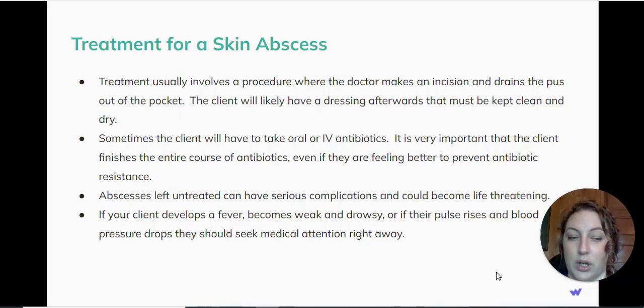It is very important that the client finishes the entire course of antibiotics, even if they are feeling better, to prevent antibiotic resistance. Abscesses left untreated can have serious complications and could become life-threatening. If your client develops a fever, becomes weak and drowsy, or if their pulse rises and blood pressure drops, they should seek medical attention right away.